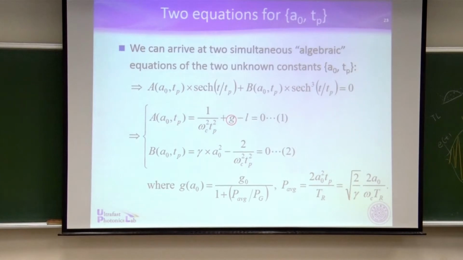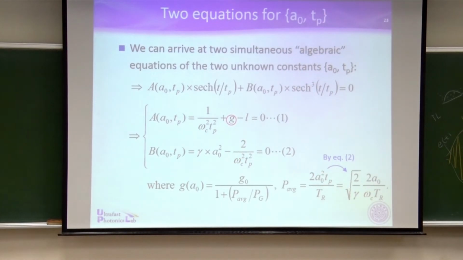So here we did the same thing. We have two unknowns, A0 and TP, but could we represent TP in terms of A0? If we can do that, the two algebraic equations can be simplified to a single algebraic equation with the single unknown A0. But what's the relation between A0 and TP? It comes from equation 2, right? From equation 2, gamma times A0 squared has to be equal to 2 over omega c squared TP squared.